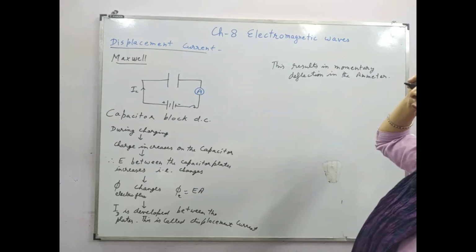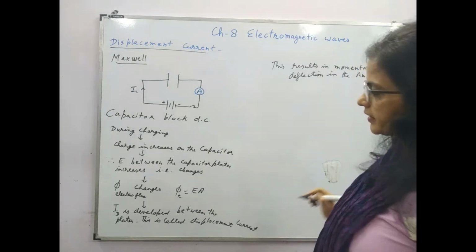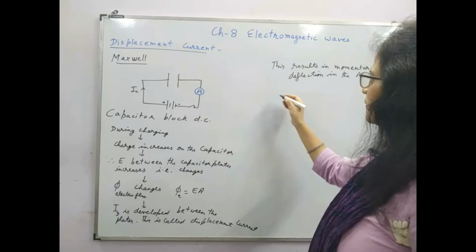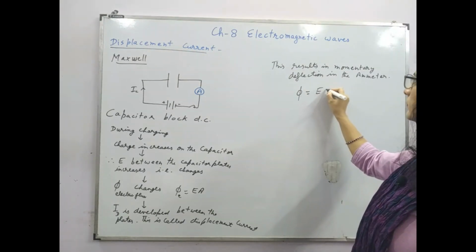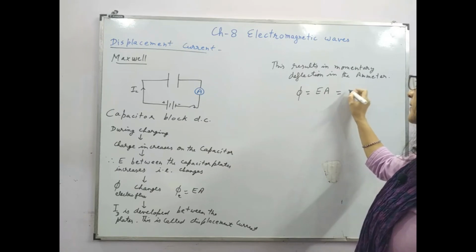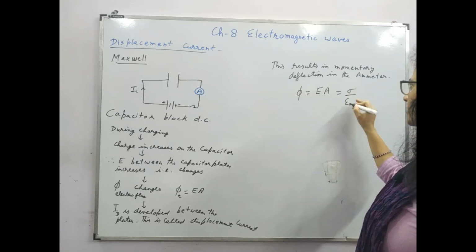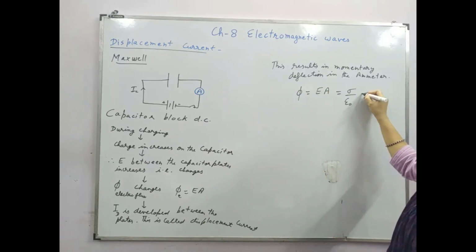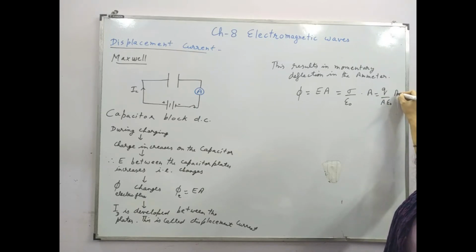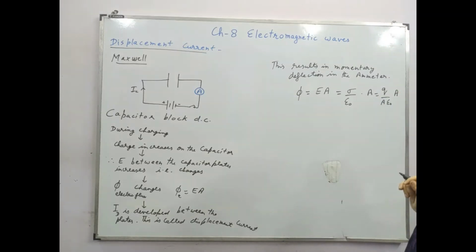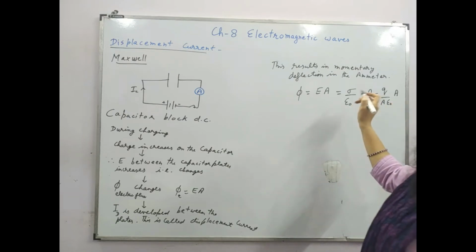And what is the value of the displacement current? We know that the electric field can be written as sigma upon epsilon naught between the plates of the capacitor, and this can also be written as Q upon A epsilon naught, right.